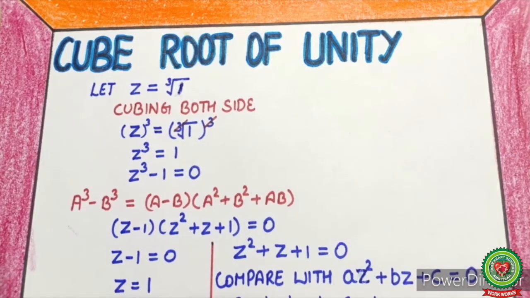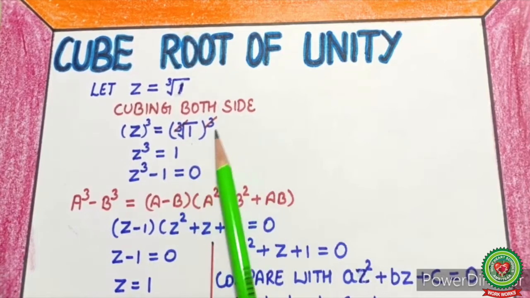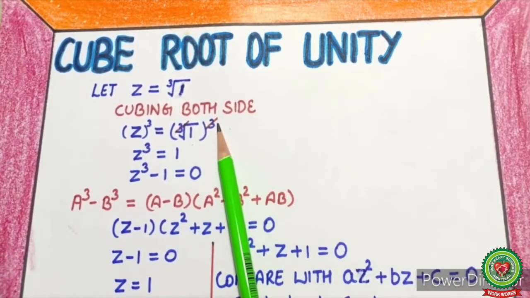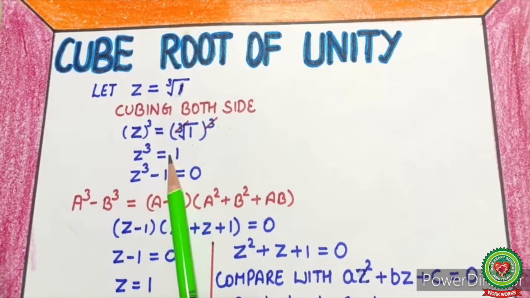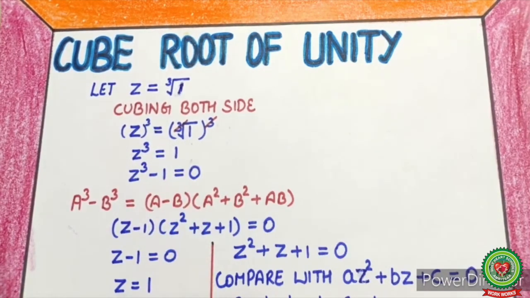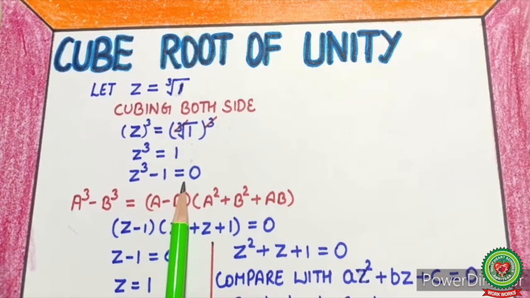So z cube is equal to cube root of 1 whole cube. From here, cube and cube root are finished. So our next step is z cube equals 1 only. Now shift that 1 to the left side. So our value is z cube minus 1 is equal to 0.